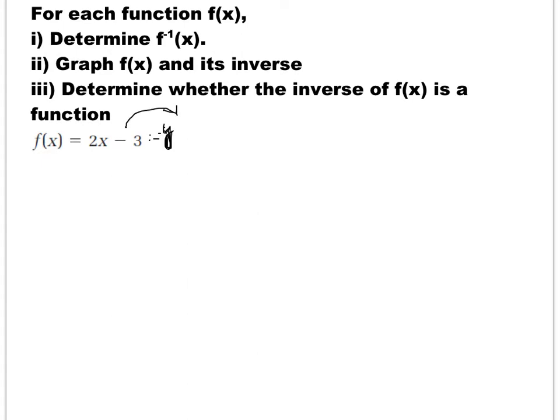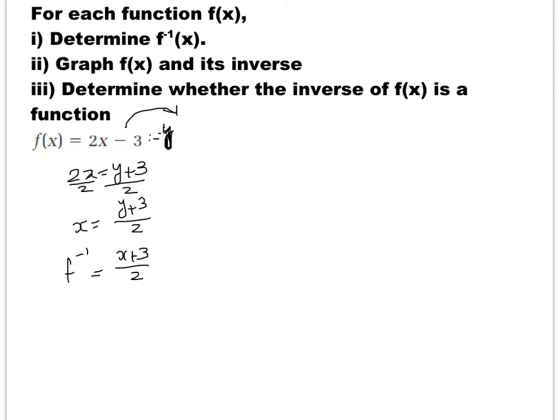I get 2x is equal to y plus 3. Now I'm going to divide by 2. I get x is y plus 3 over 2. Now I'm going to replace x with f minus 1 and y with x. This is going to be the inverse function.